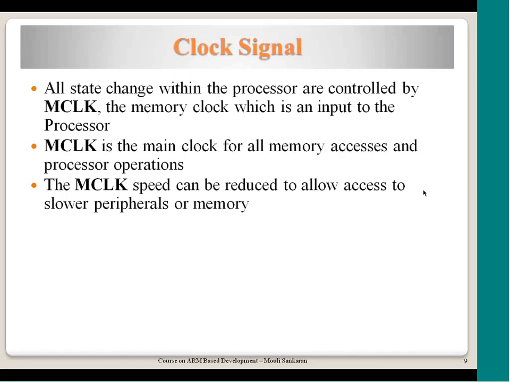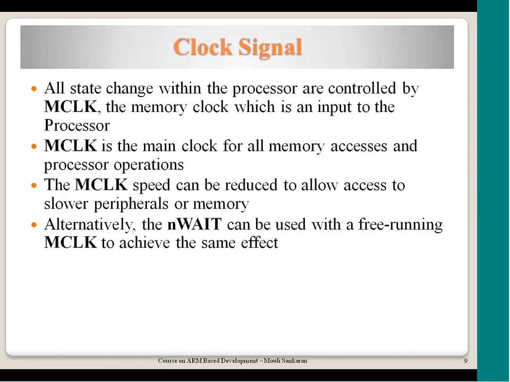So MCLK has a provision with an additional signal called nWAIT. You can always use it to make the clock run slow. The internal clock is always taken from the MCLK signal together with nWAIT.